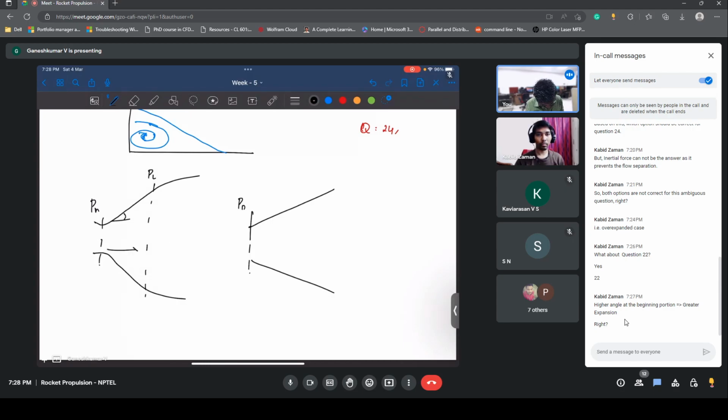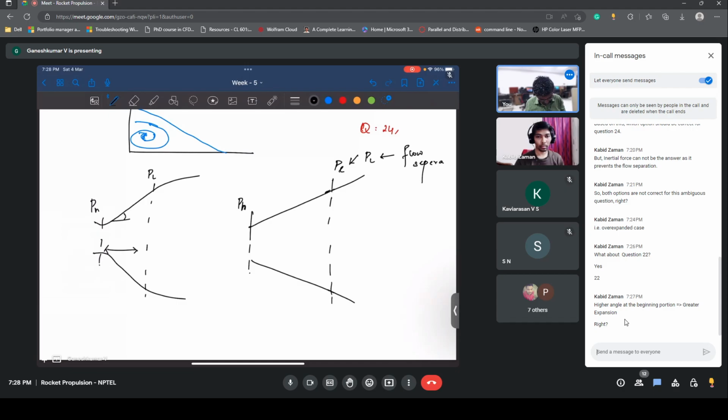So this distance is going to be smaller, and this low pressure is going to happen somewhere in the middle. Okay, so the place where this P low is, it's where flow separation happens, if you consider it like that.